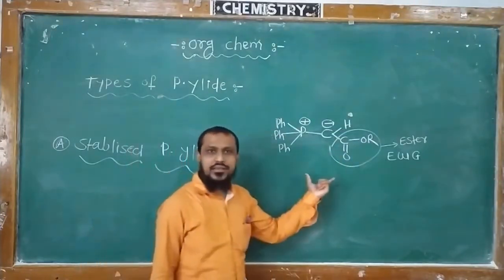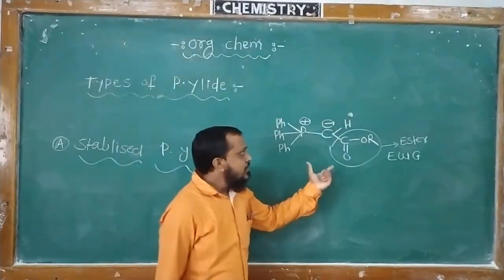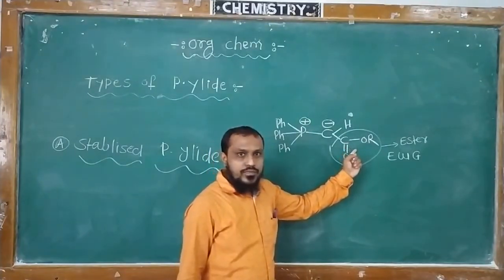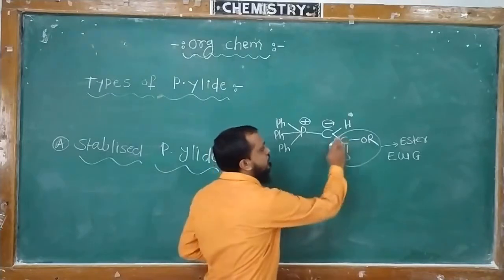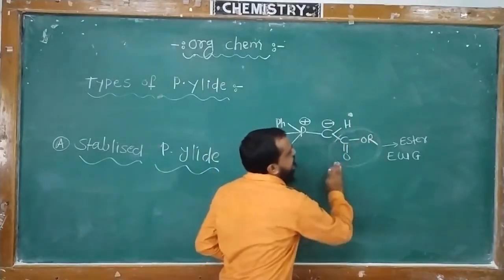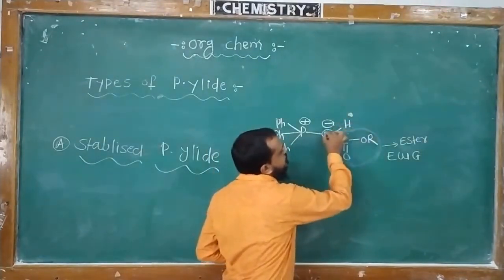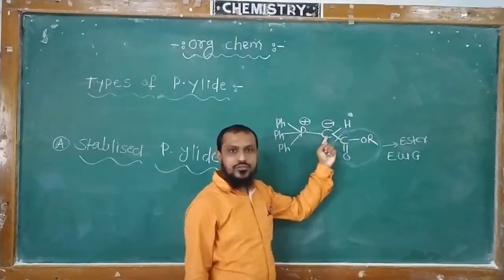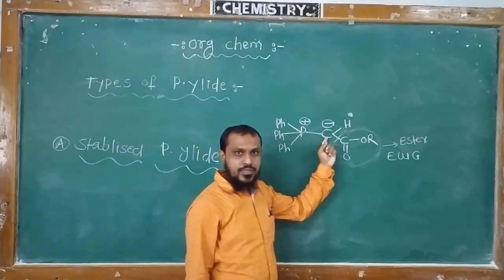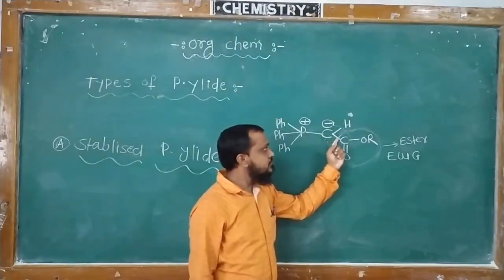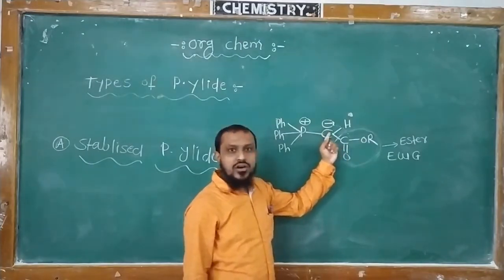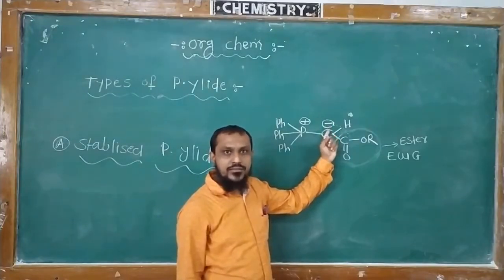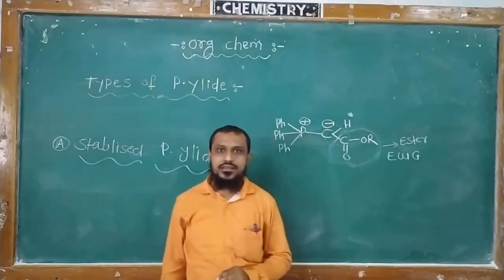So what will happen here? The electron withdrawing group attracts the electron clouds towards itself from the neighboring group, due to which the negative charge of the carbon atom is stabilized.